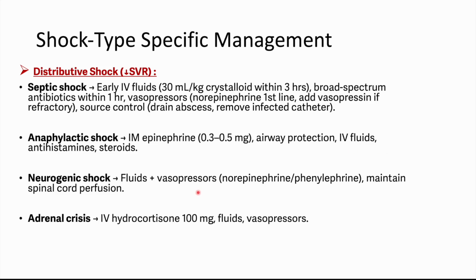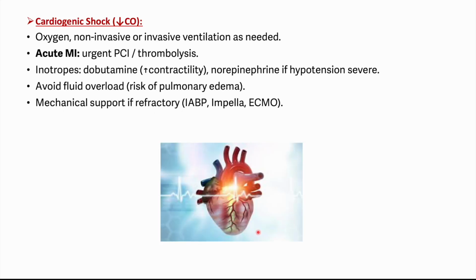In neurogenic shock, we give fluids and vasopressors and maintain spinal cord perfusion. In adrenal crisis, we give IV hydrocortisone 100 mg, then fluids and vasopressors. Then in cardiogenic shock, we give oxygen and non-invasive or invasive ventilation as needed.